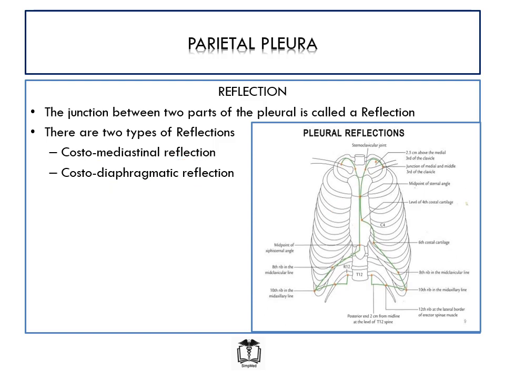That is depicted by this line. So this is the costomediastinal reflection here. The costodiaphragmatic reflection is the junction between the costal pleura and the diaphragmatic pleura here. That's depicted by the line here. Both of these reflections tend to communicate with one another. You can see how the costomediastinal reflection meets the costodiaphragmatic reflection here.